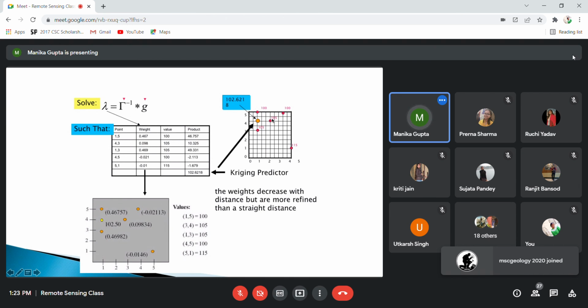Now you will say that this is nearly similar to what you had with the IDW also, because this is a very small problem or a little amount of data is there. But as you increase the complexity in this data and you have more and more data, the values will have a difference. Okay, so this is how you get your value here.